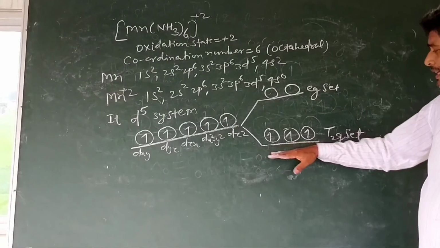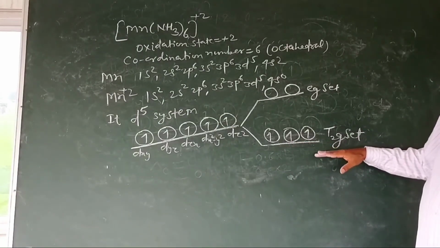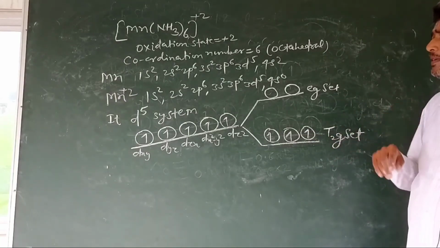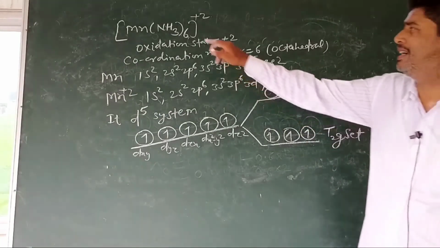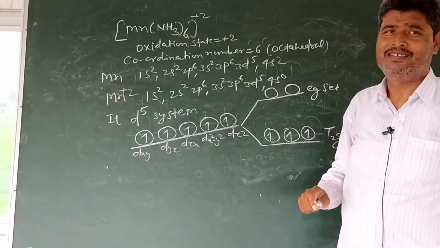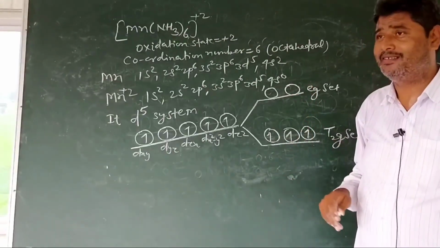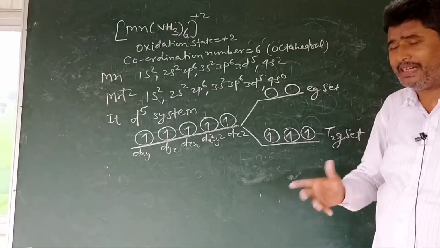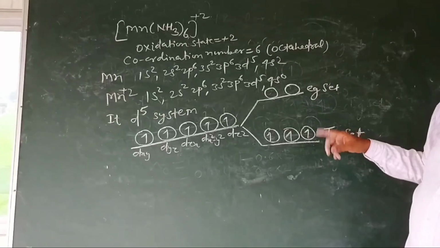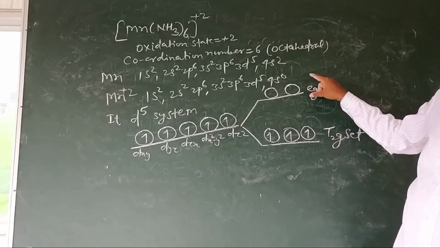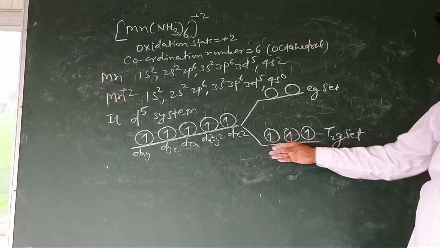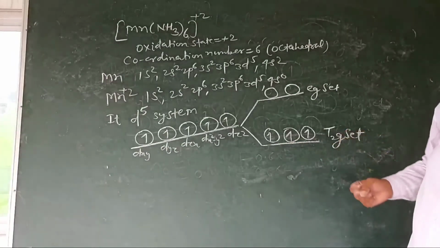After partial filling of the t2g state, we have to mind the nature of the ligand. Here our ligand is ammonia. Ammonia is a strong ligand. A strong ligand does not allow electrons to enter eg until the low energy level t2g is completely filled.